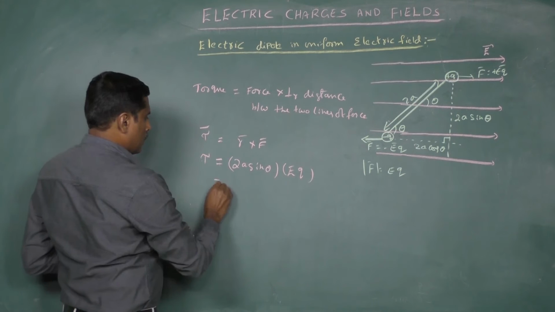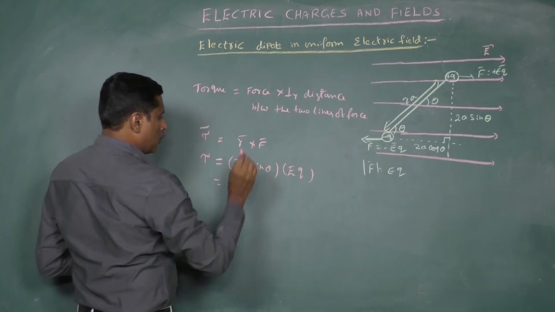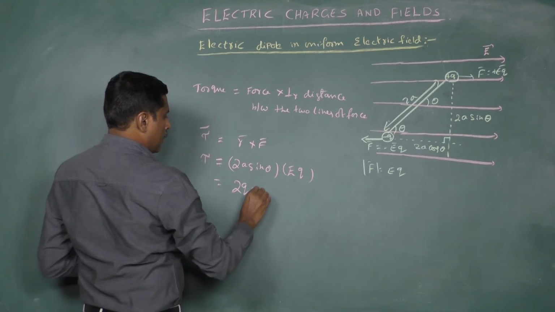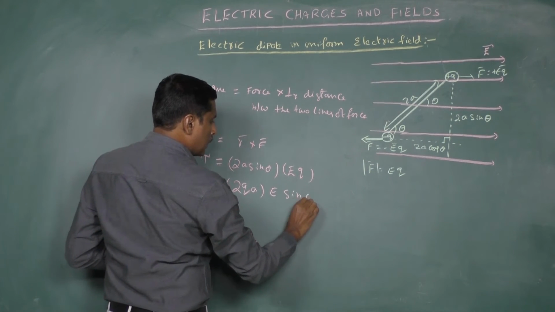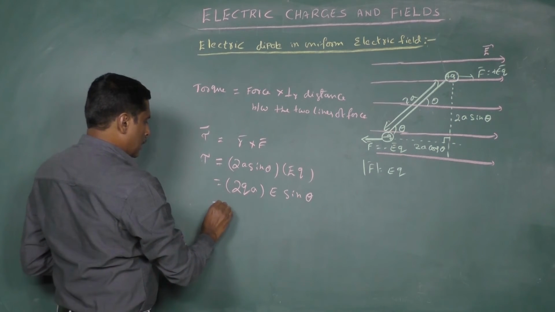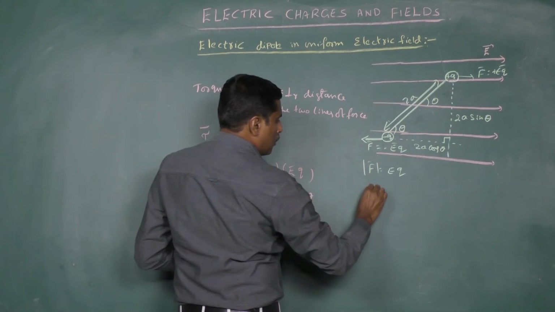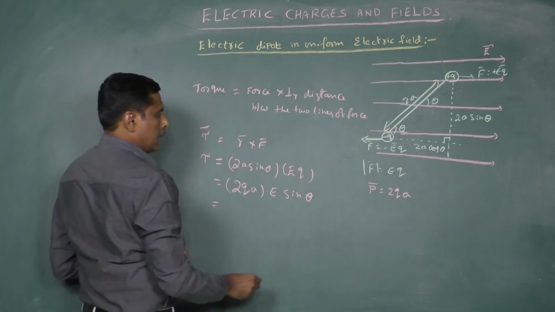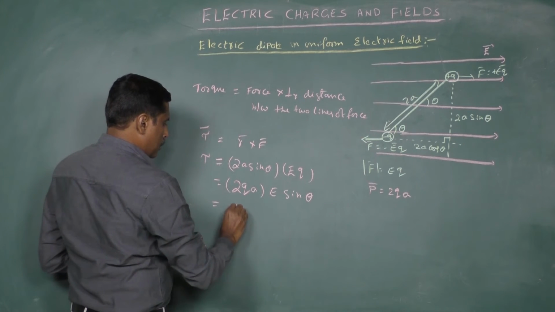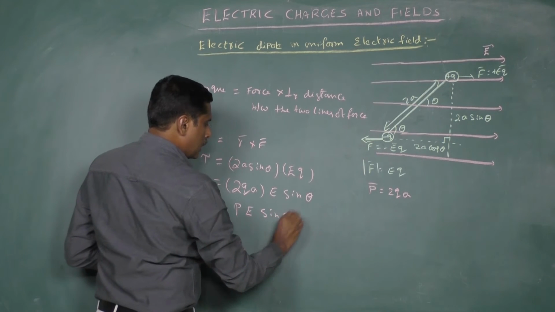Therefore, we can write tau is equal to 2 into Q into a into E into sin theta. 2Qa is nothing but the dipole moment. We know P is equal to 2Q into a. Therefore, tau is equal to P into E into sin theta.